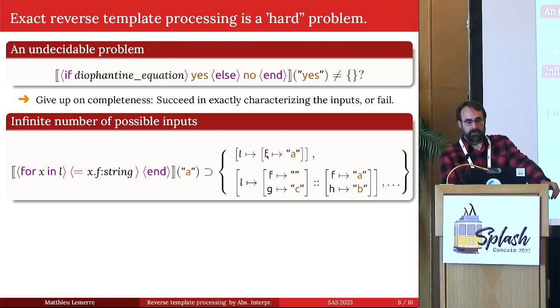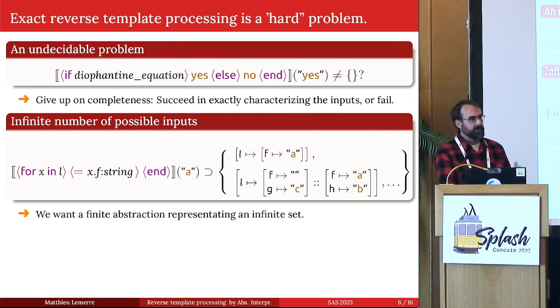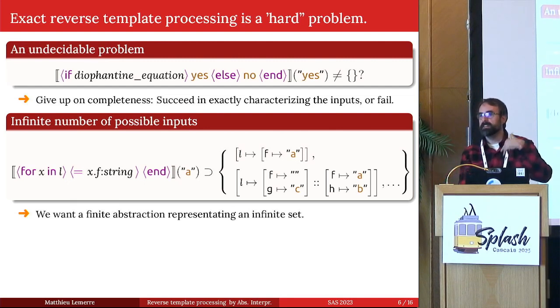So the obvious solution to correspond to the output A is to have a single element list with the field A, but you can also add some empty elements before and after that, which will also belong to the list. So there are several sources of infinity. So basically what we want is a finite abstraction corresponding to an infinite set.